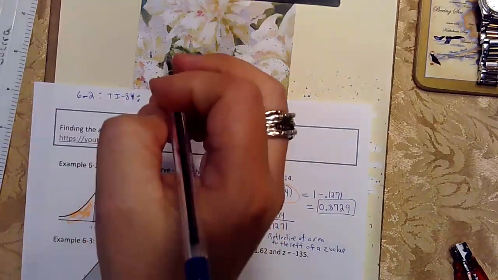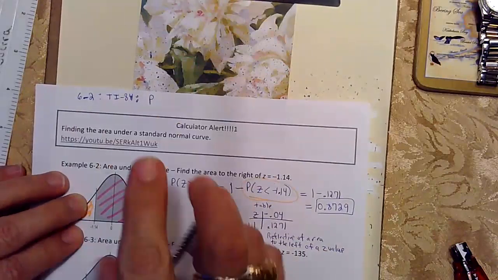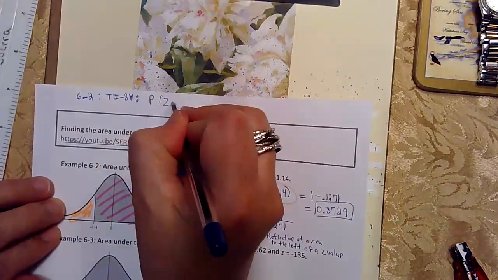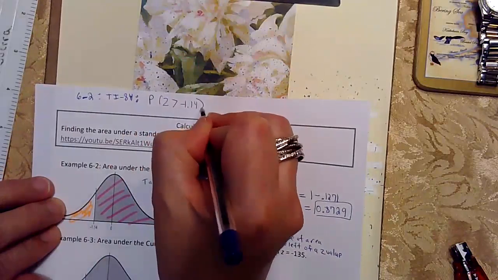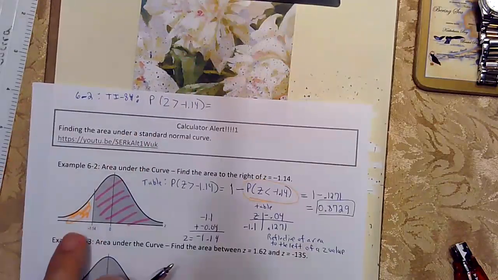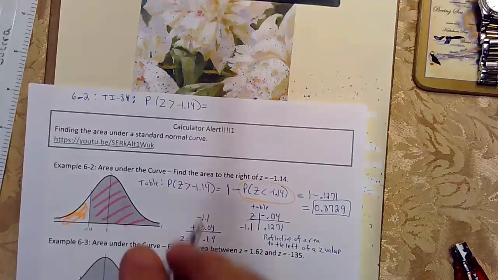Okay, so we start off the same here, probability that z is greater than negative 1.14. So find this, z is greater than that, just the same. And then we do the calculator.